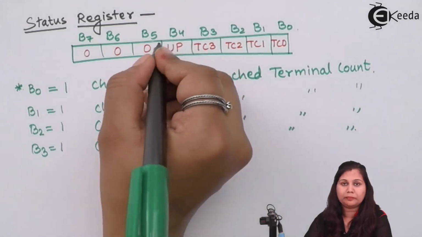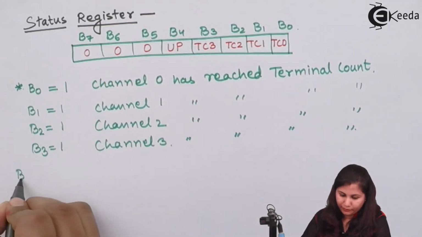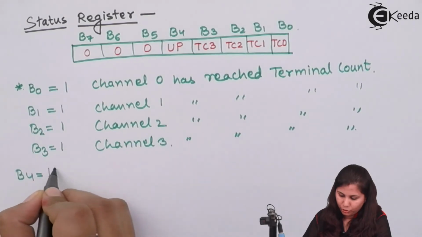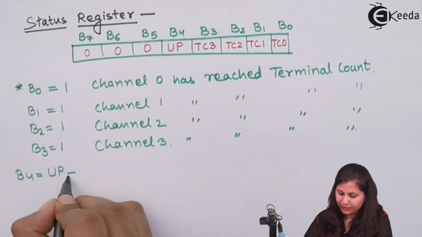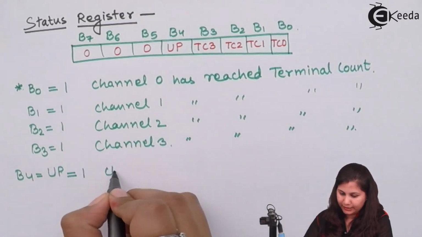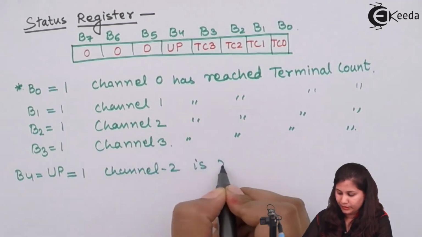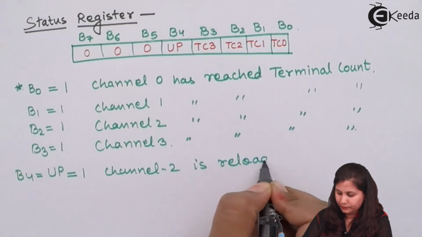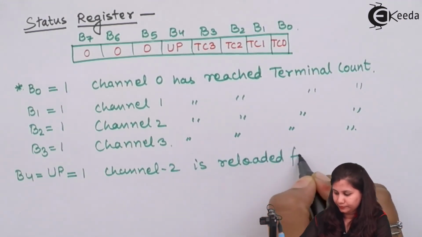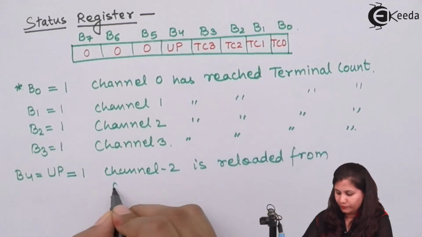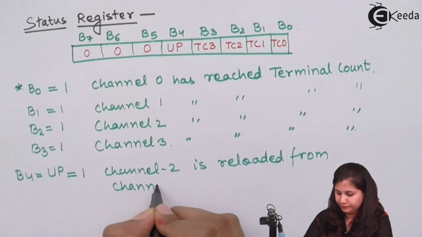Now let's come to bit number 4. Bit number 4 is for UP. When this bit is 1, it indicates that channel 2 is reloaded from channel 3.